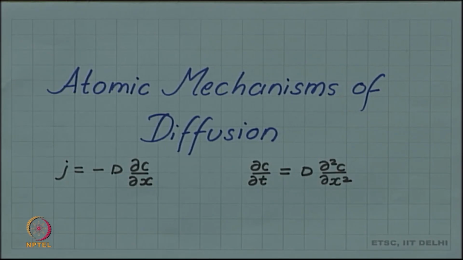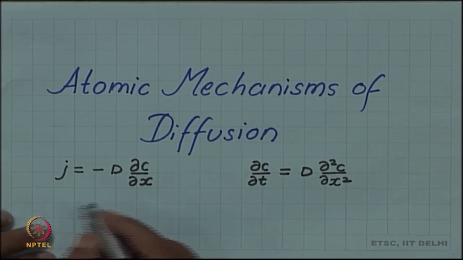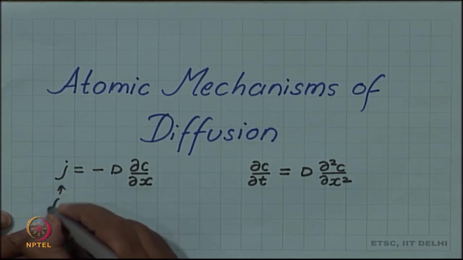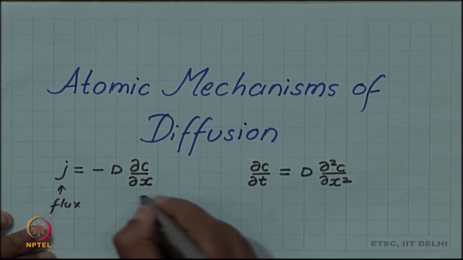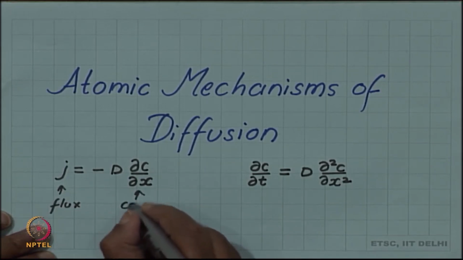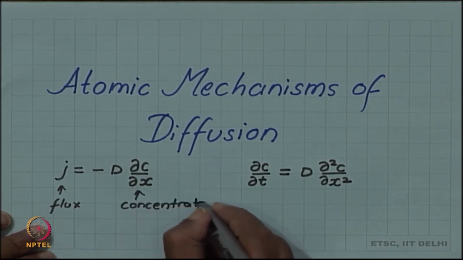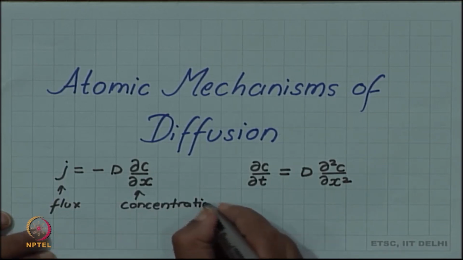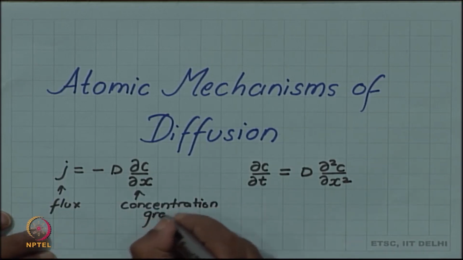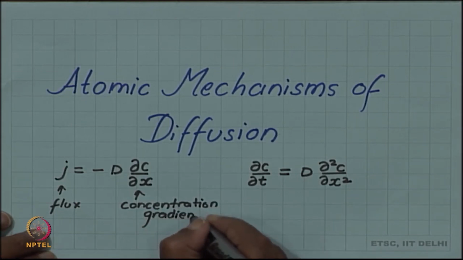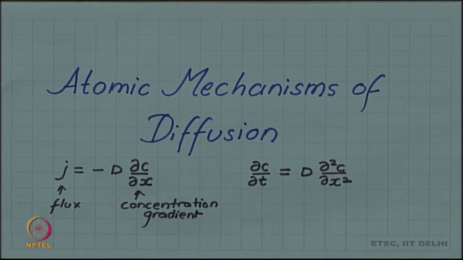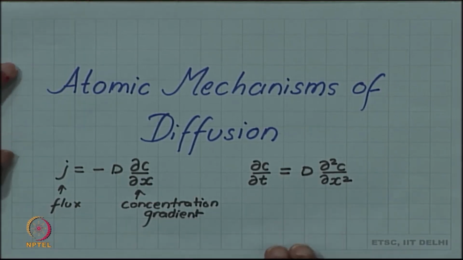Both these laws are continuum laws, in the sense that these parameters, the flux and the concentration gradient, for their definition do not require the existence of atoms. However, we know the existence of atoms now and we believe in them.